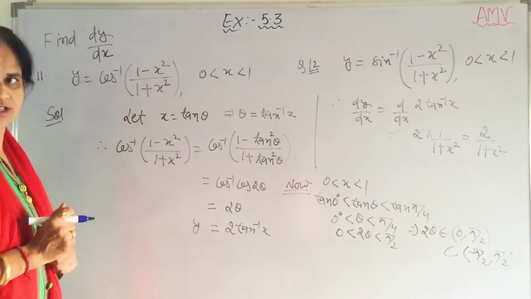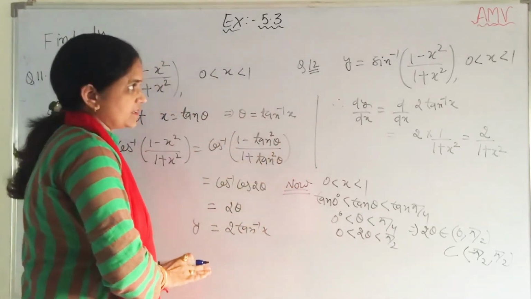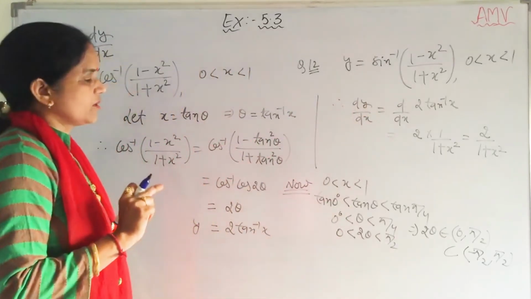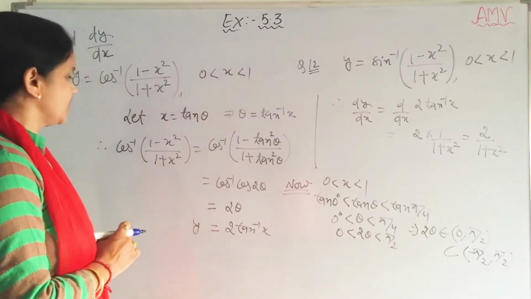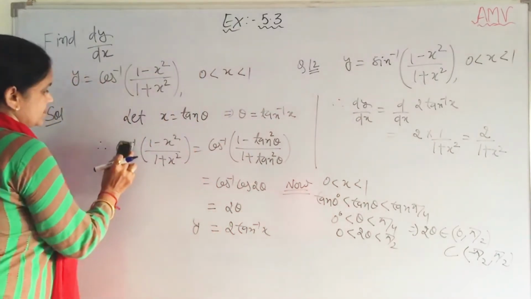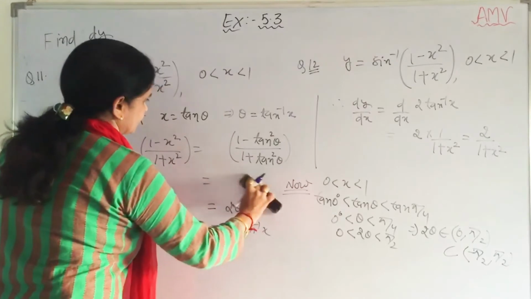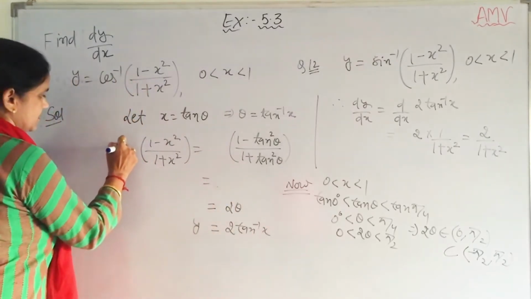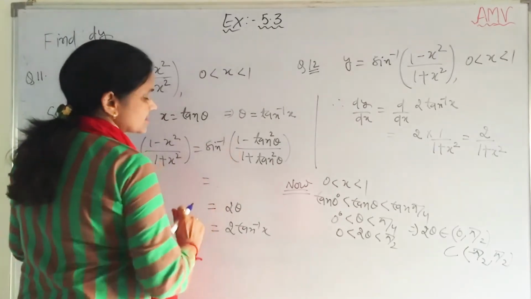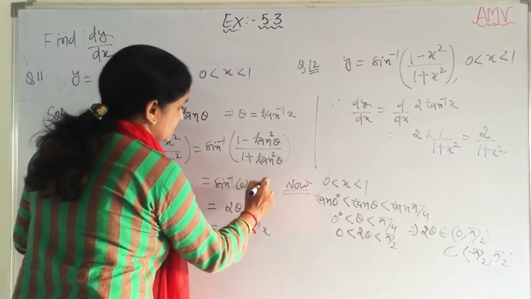For the next question, question number 12, apply the same method. But here it is sin inverse (1 minus x square) upon (1 plus x square). I am making some changes here. So here it is sin inverse and you will get sin inverse cos 2 theta.